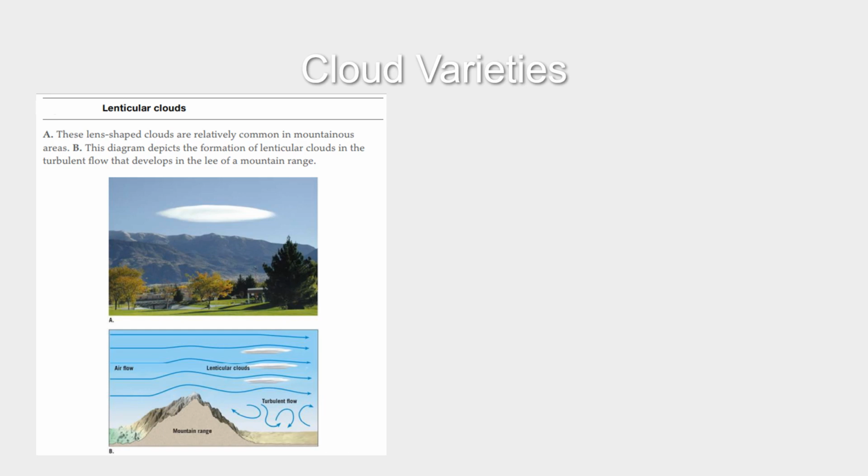The formal name of lenticular clouds is Altocumulus lenticularis. They are common in rugged or mountainous topographies, and as moist, stable air passes over this mountainous terrain, a series of standing waves forms on the downwind side, as shown in this figure.